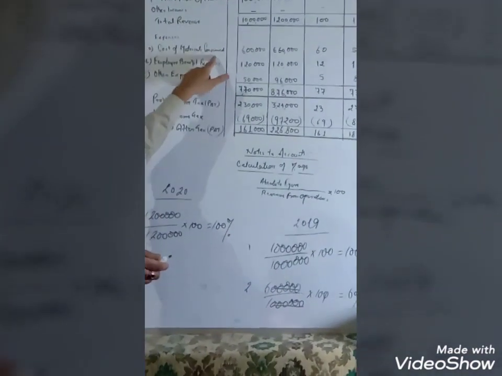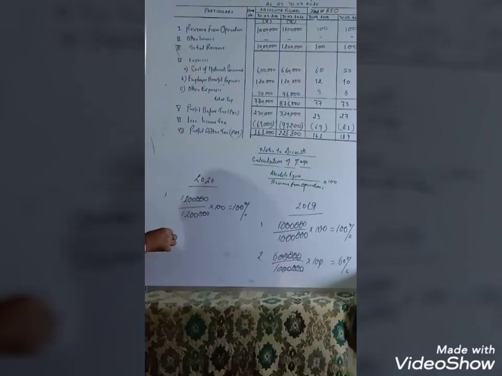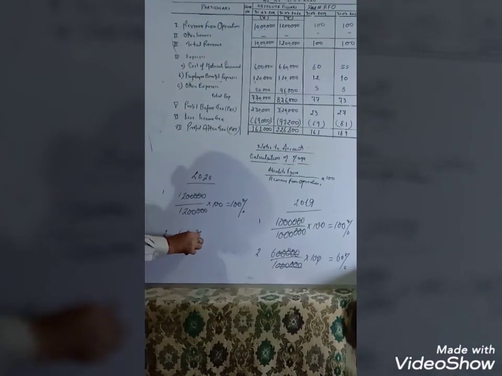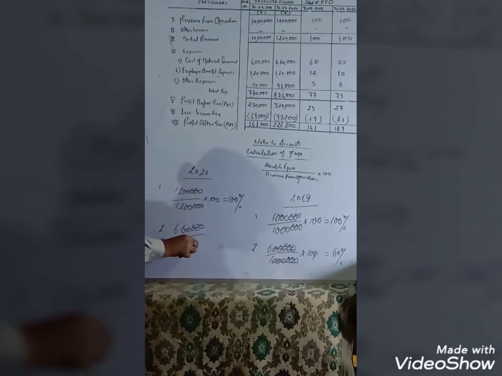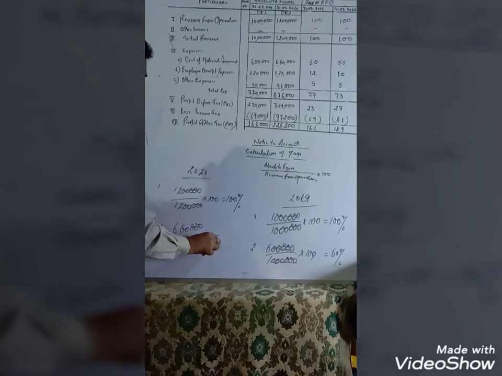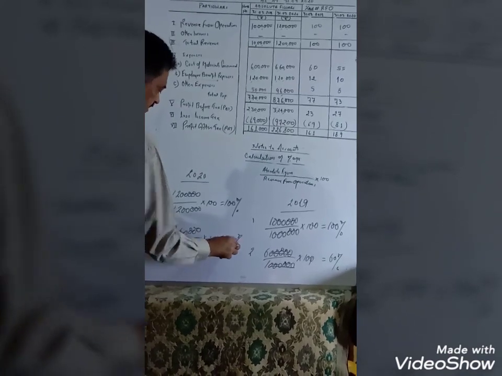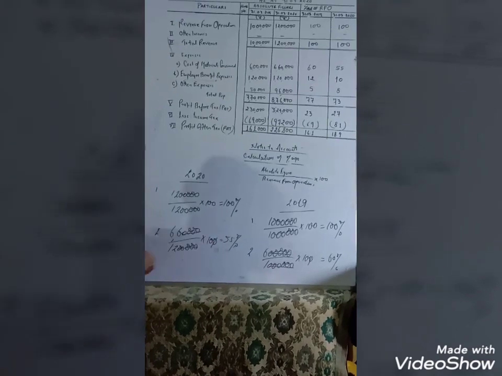Now cost of materials consumed, this is 6,60,000. 6,60,000 divided by 12 lakh multiplied by 100. So this works out to 55%.